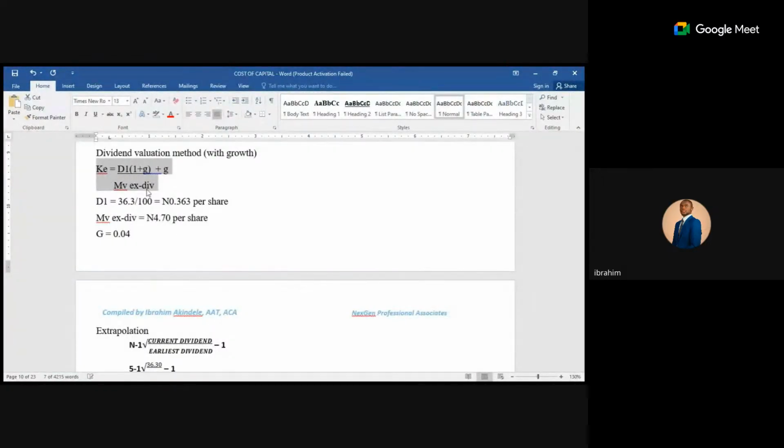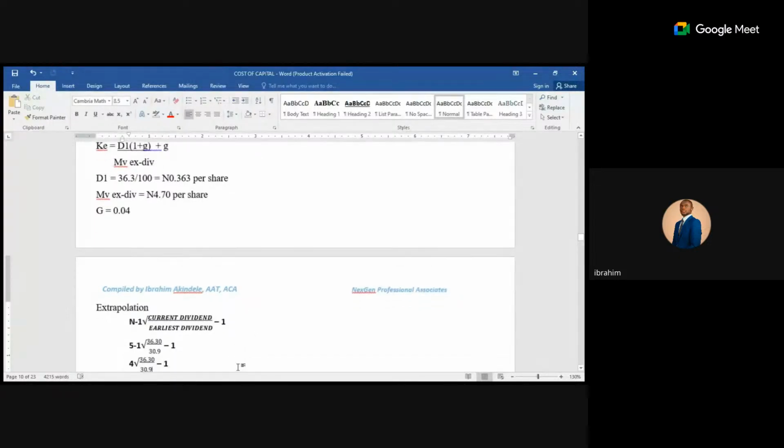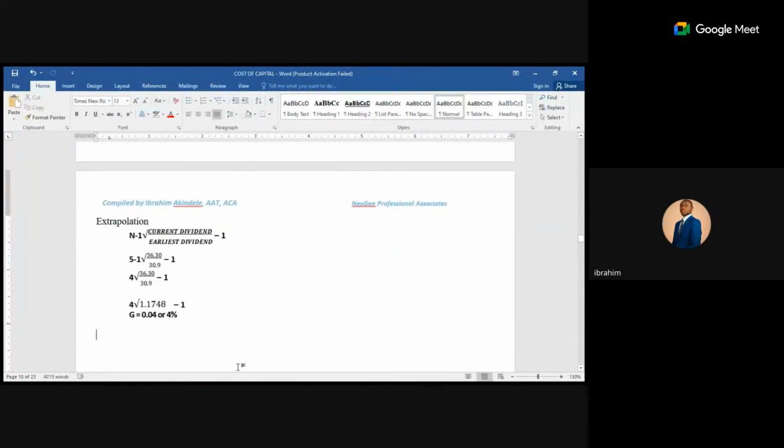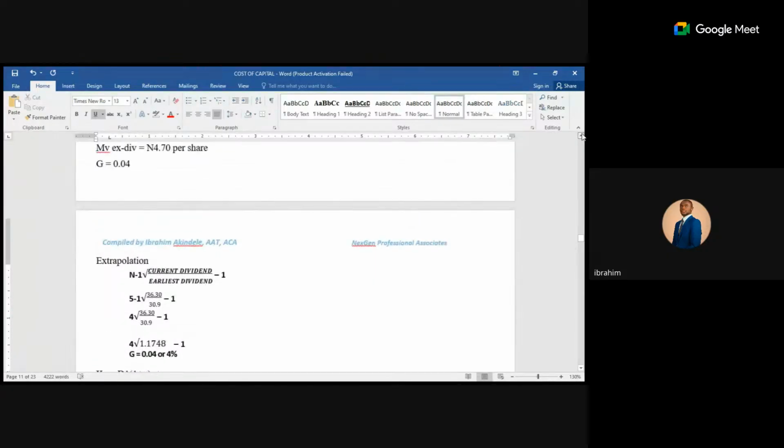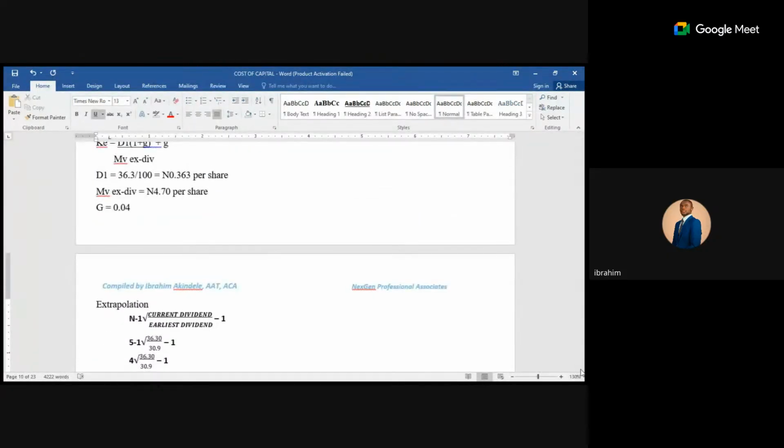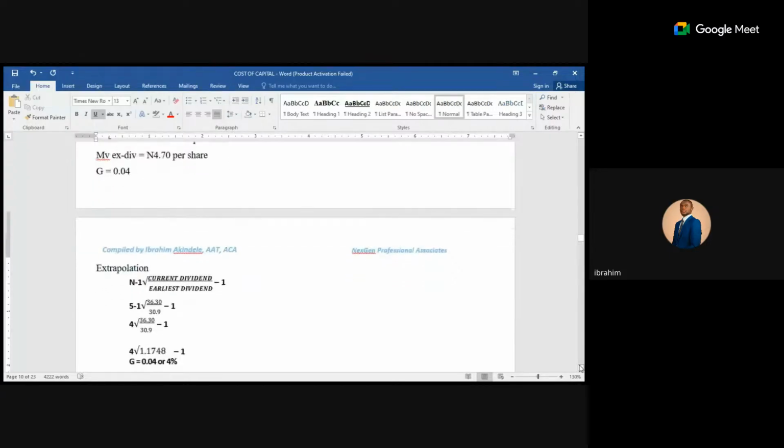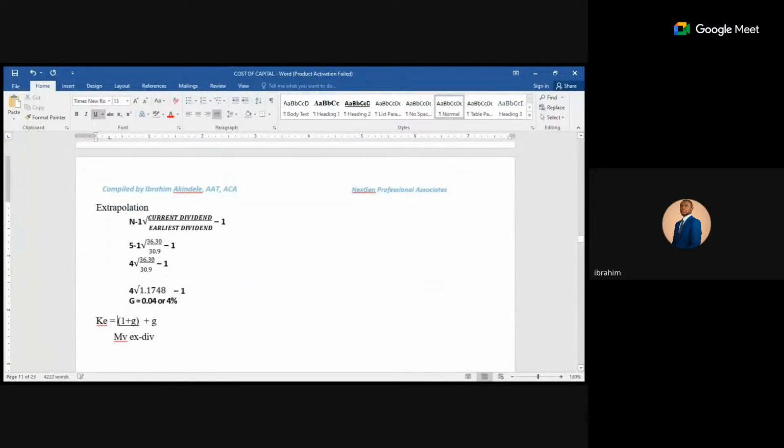Class, so therefore, the cost of equity. The current dividend is 0.363. The growth rate is 0.04.